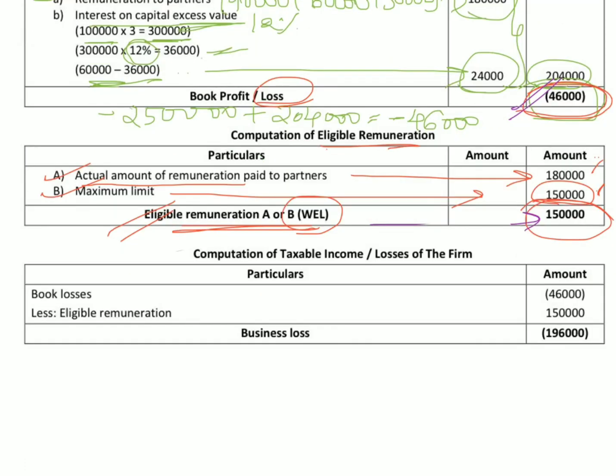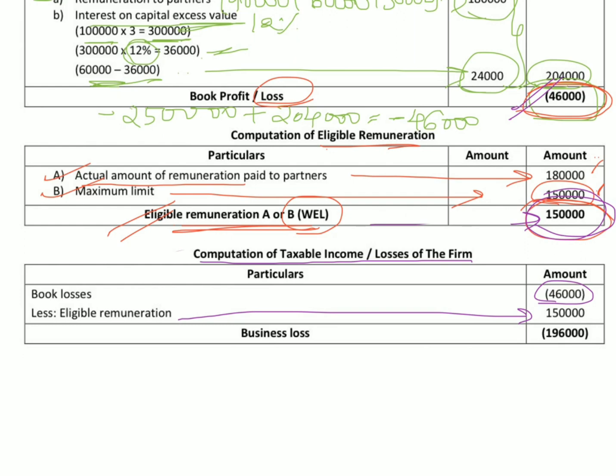The actual question is to calculate the business income of the firm, right? So we have a book loss of minus 46,000. We have eligible remuneration of 1,50,000 in the problem, right?